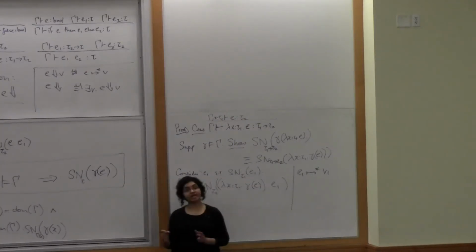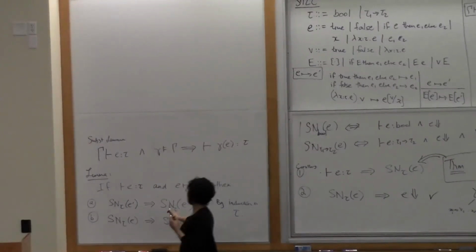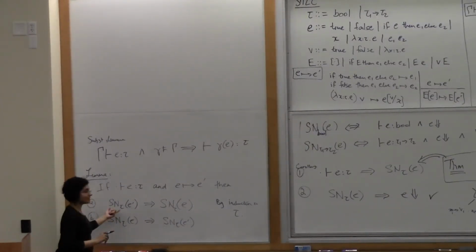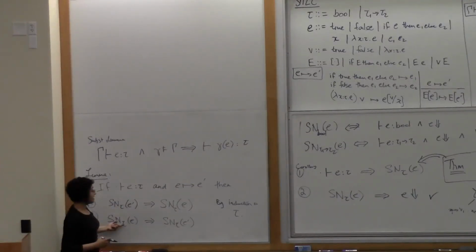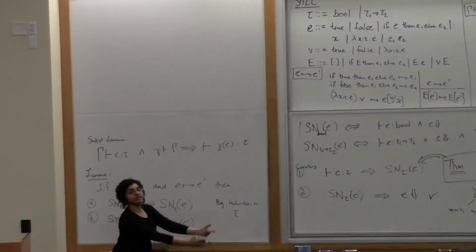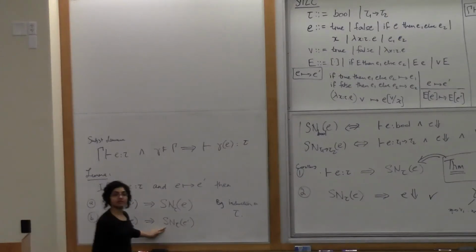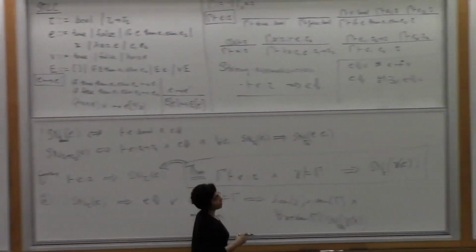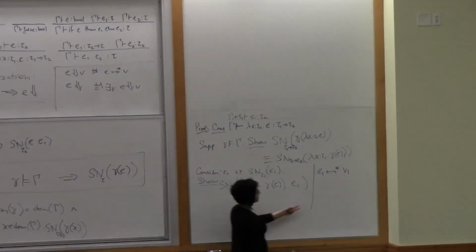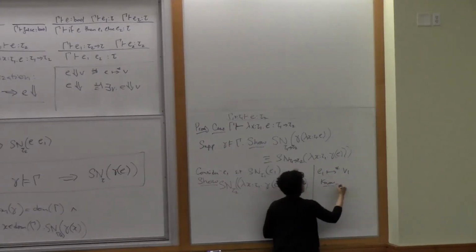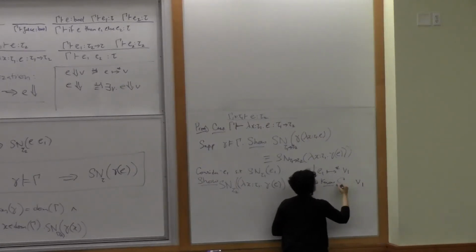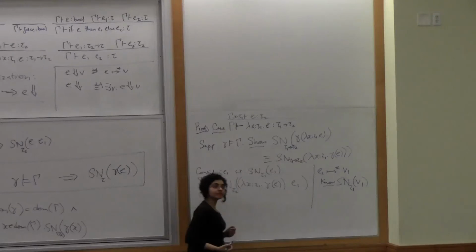With every single step, because we have this lemma about strong membership in this set being preserved by forward reduction, we can show that the V1 that we eventually get also belongs to this set. Right? So here we have E1, we run it, we evaluate it, we get a V1, and then we know that V1 is also strongly normalizing and that it belongs to the set Sn at tau 1.